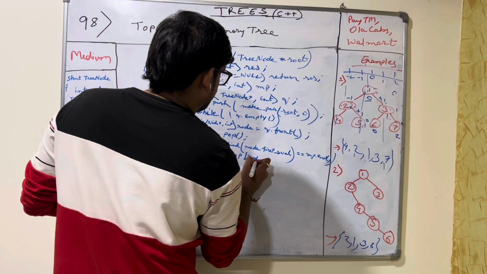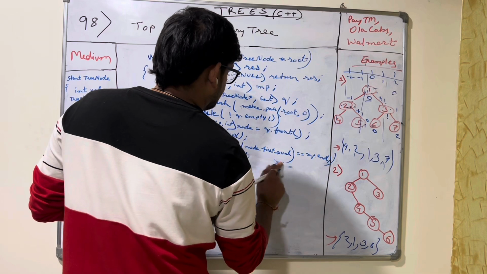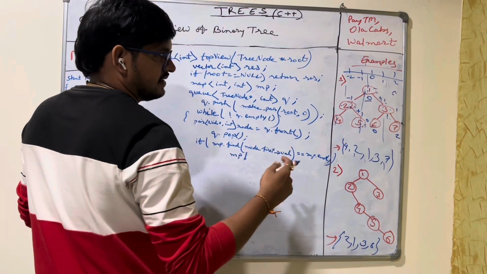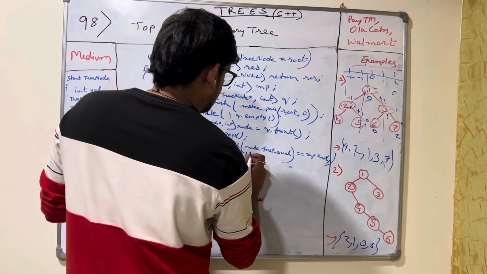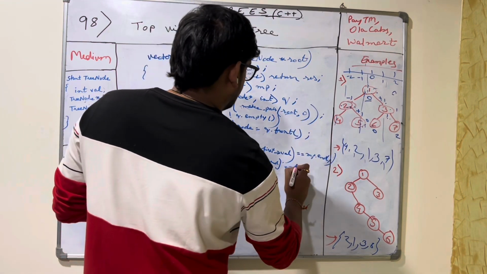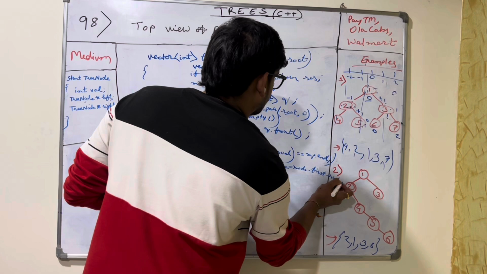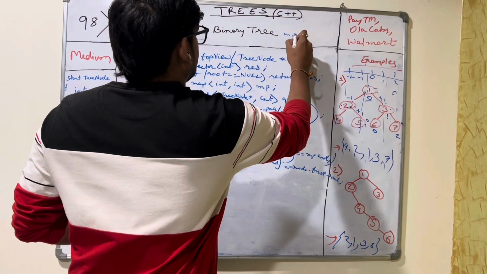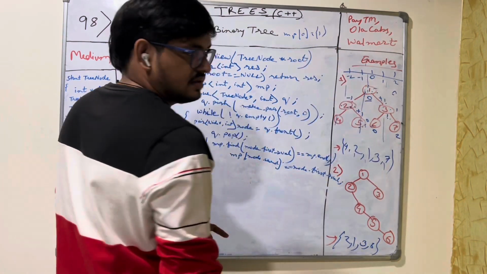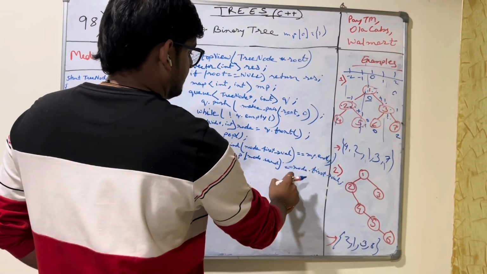We'll insert the position as the index in the map and the value as the node dot first value. So mp node dot second, which is 0, would be equal to this node dot first value. So we have inserted in the map at position 0 this one value. 0 is not there in the map, so we have inserted this.